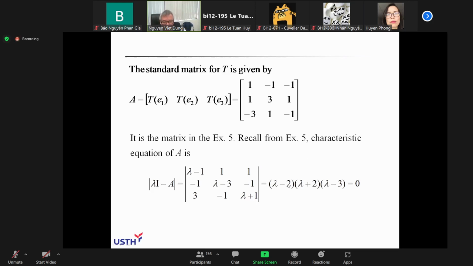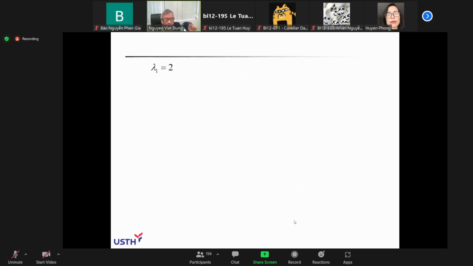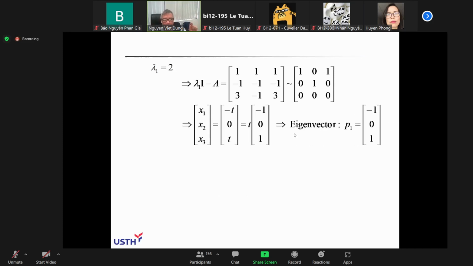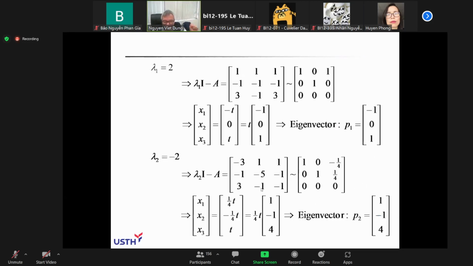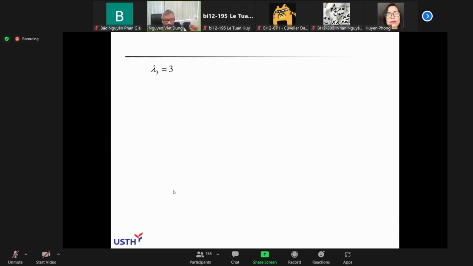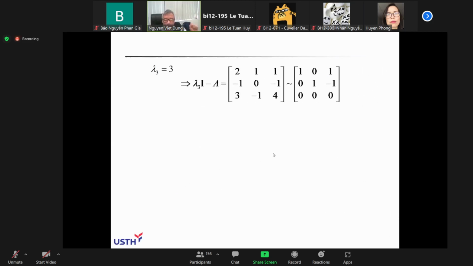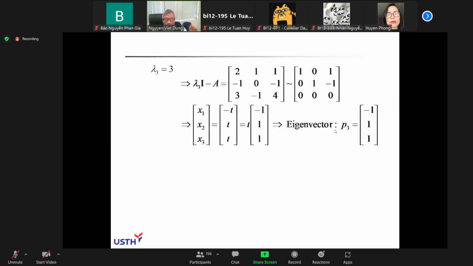The eigenvalues are 2, -2, and 3. That matrix is exactly the matrix in example number 5 in the previous slide. Then we have 3 eigenvalues, and with that, you will get the eigenvector P1 here. The second will be those eigenvectors here, and the last one will give us another eigenvector P3.